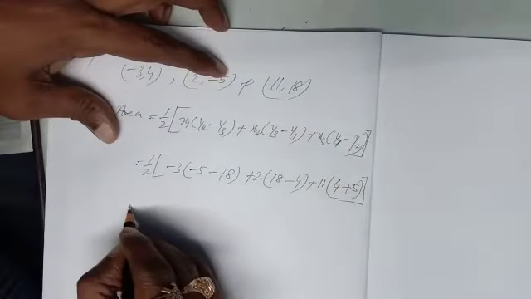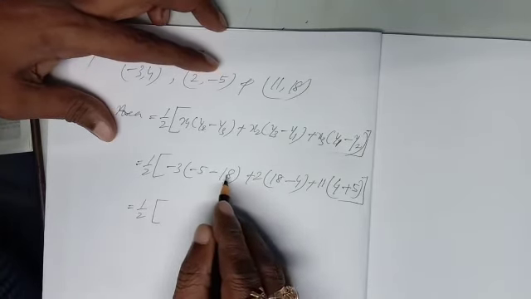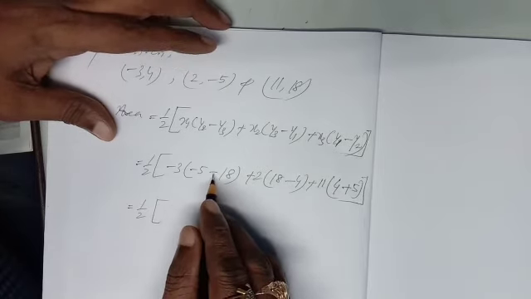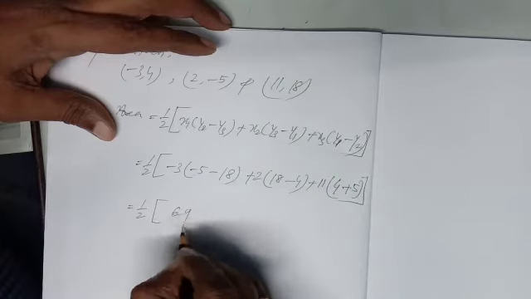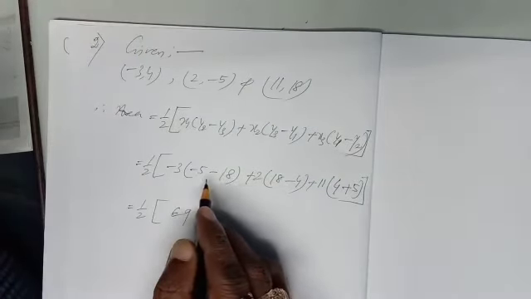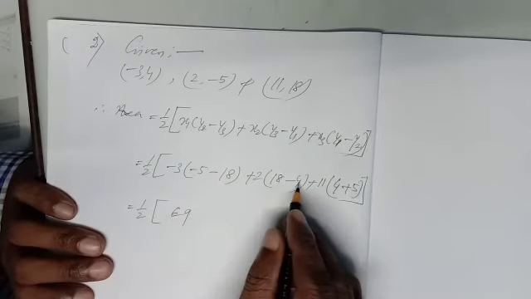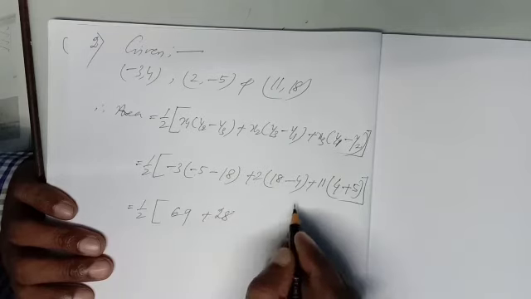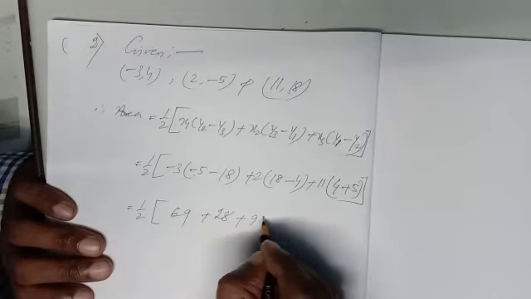How much are you getting? 1 by 2. This is minus 18 minus 5, that is minus 23. Minus 23 into 3, that is 69. Next, 18 minus 4 is 14, 14 times 2 is 28. 4 plus 5 is 9, 9 into 11 is 99.